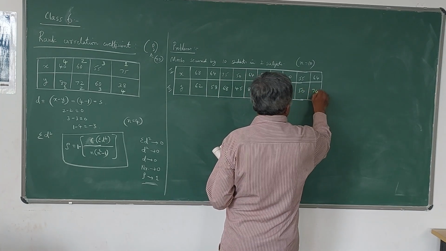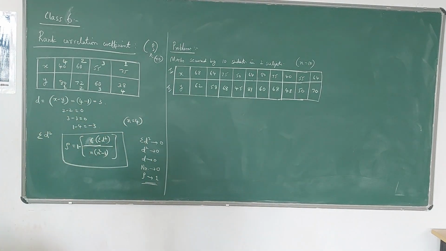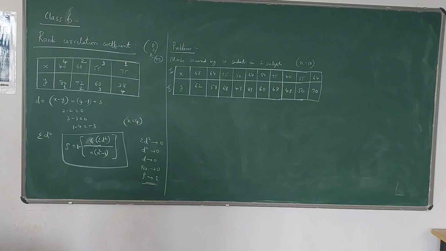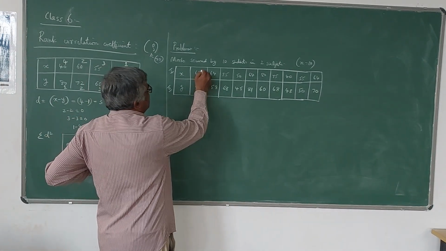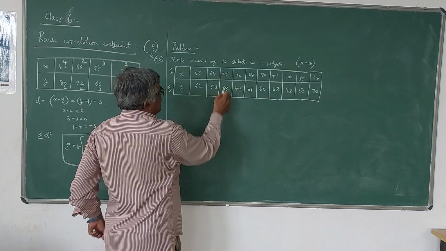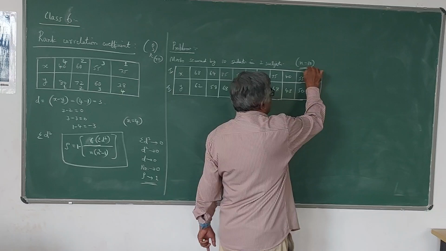So these are the marks secured by the 10 students. There are 10 readings here, therefore N is equal to 10.